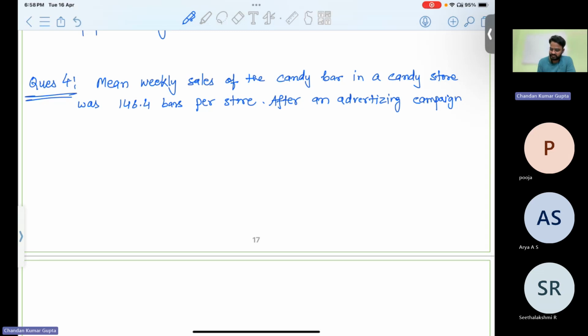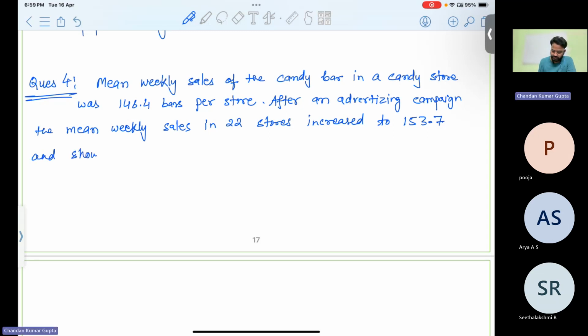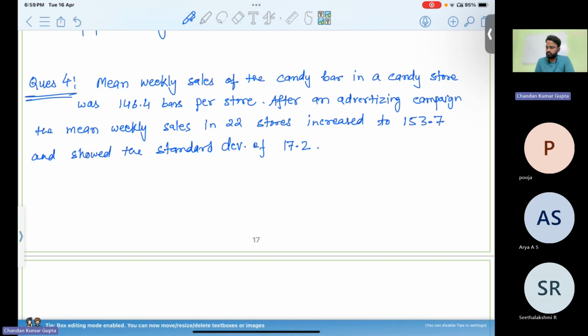the mean weekly sale in 22 stores showed an increase to 153.7 and showed a standard deviation of 17.2.